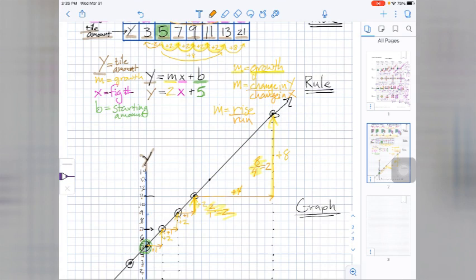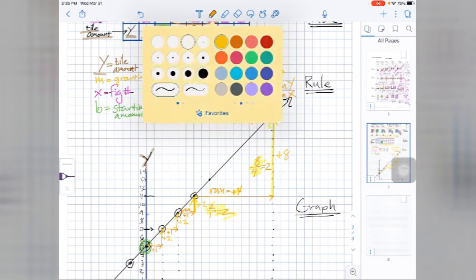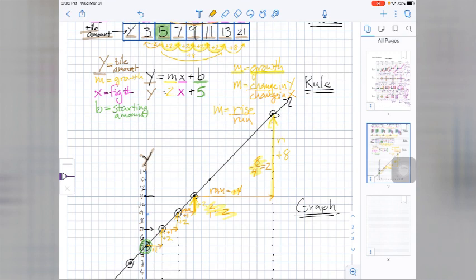Something happened here. So we say the run is equal to 4, and then down here the run is equal to 1. Up at the top, the rise is equal to 8, and then on these little guys down here, the rise is equal to 2.